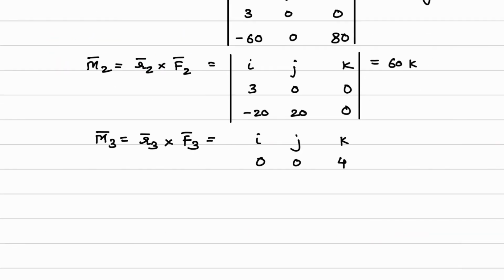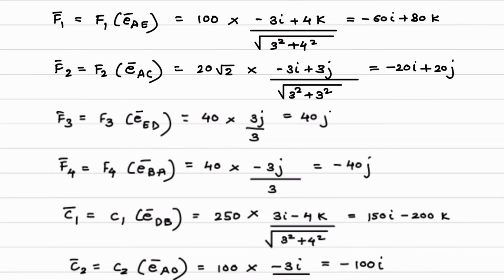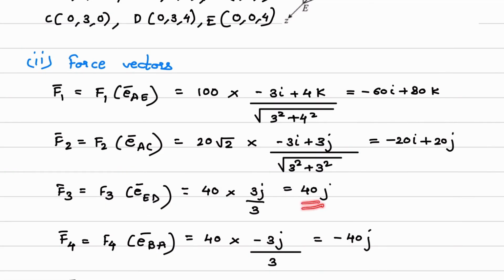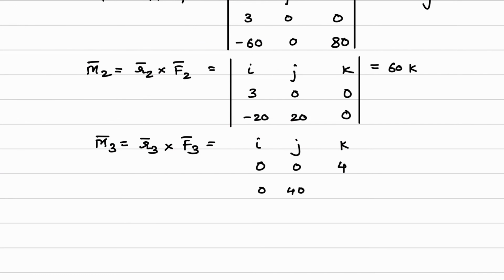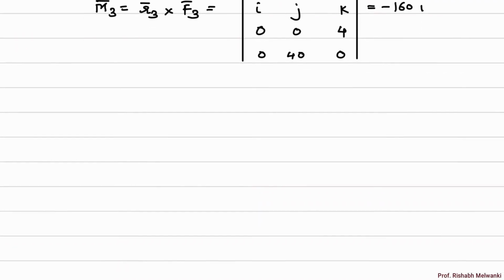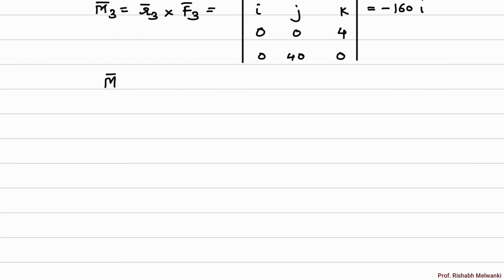And force vector F3, that is 40j, so 0 40 0. This is minus 160i.